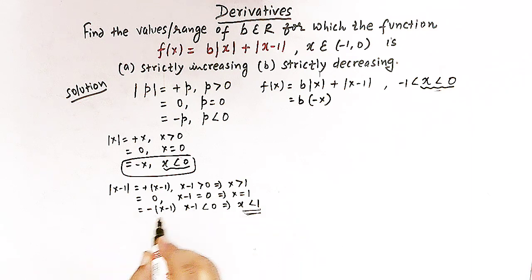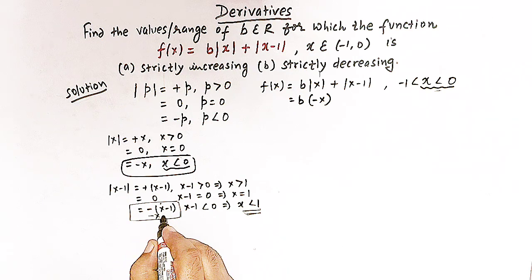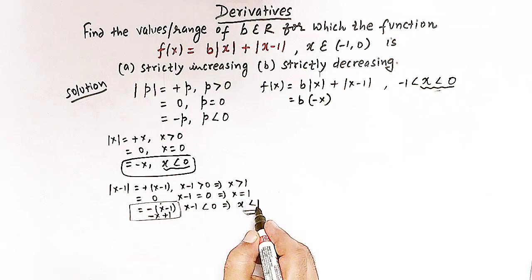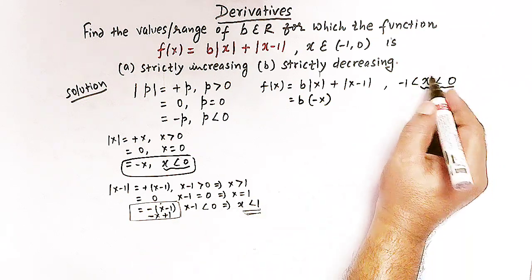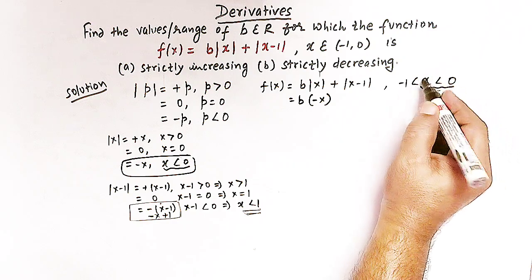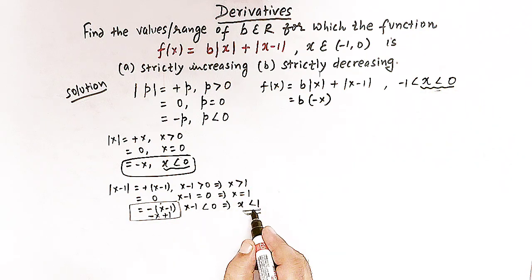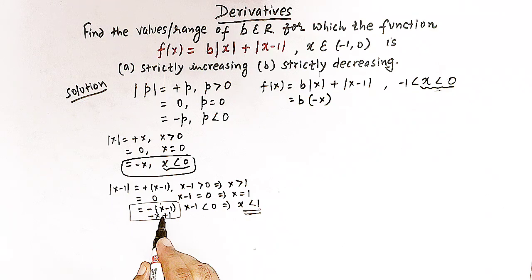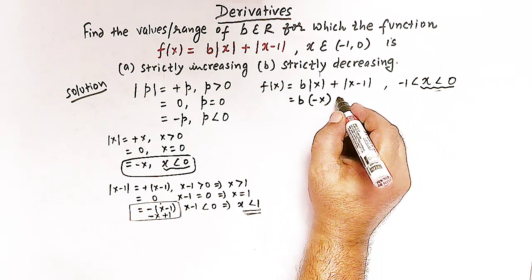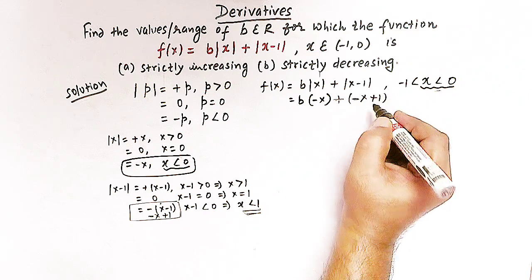So we take mod of x minus 1 equal to negative of x minus 1, which is minus x plus 1. All the values of x between -1 and 0 are less than 1, so we'll take this part of the definition, minus x plus 1.